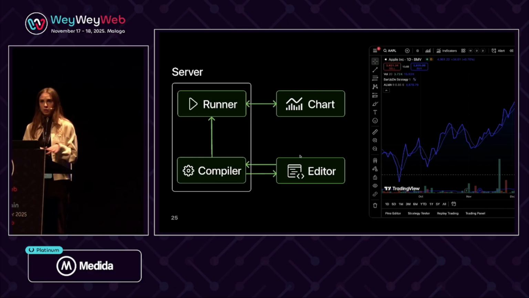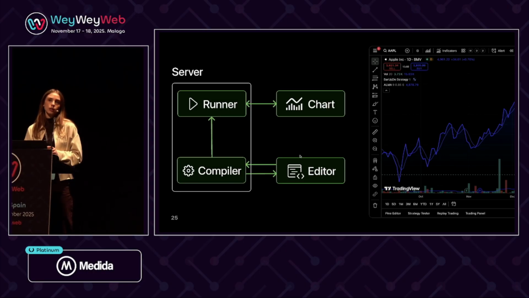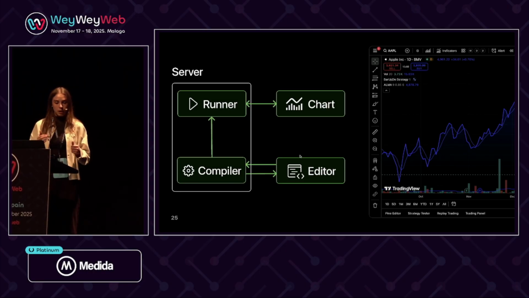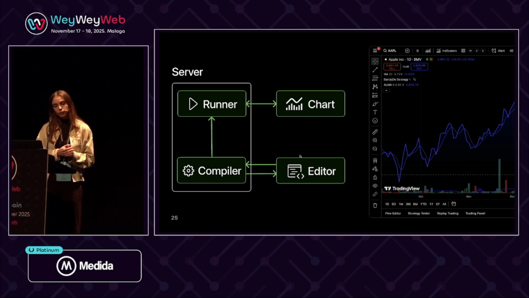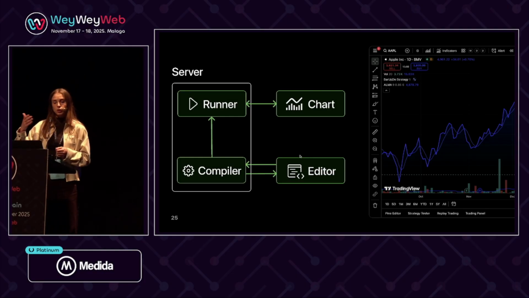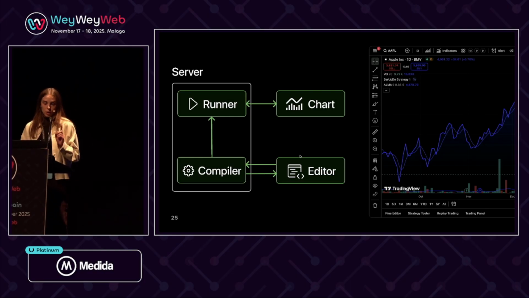Once the code is compiled, we can execute it. And this compiled text is sent to a runner where we execute it on live market data. And this execution information is returned back to the chart using one connection, one WebSocket. And here on the chart, we represent it using Canvas.